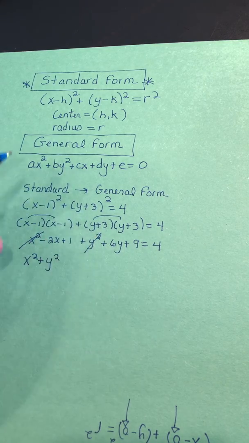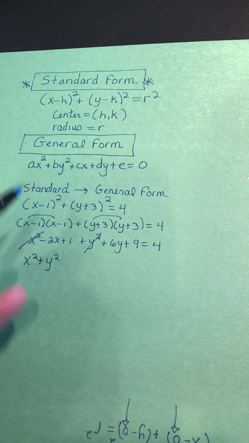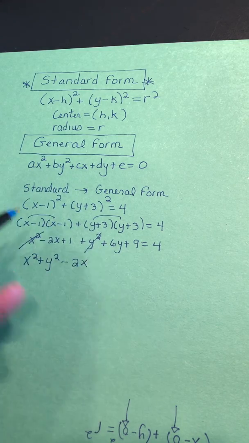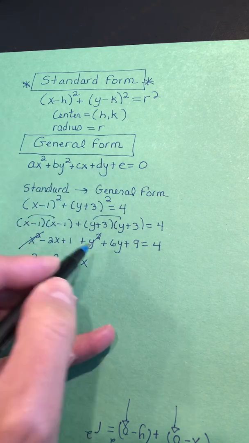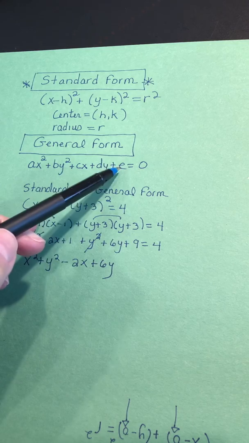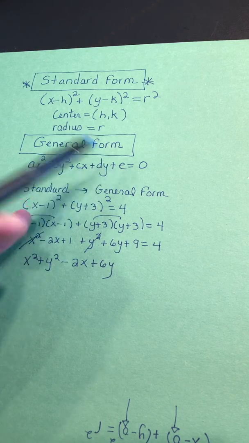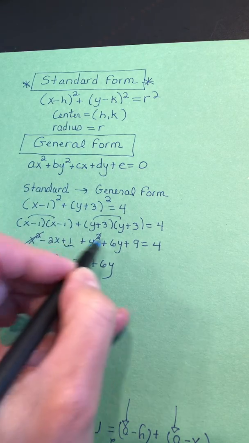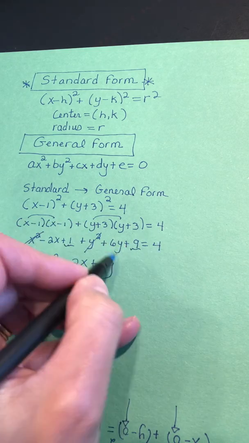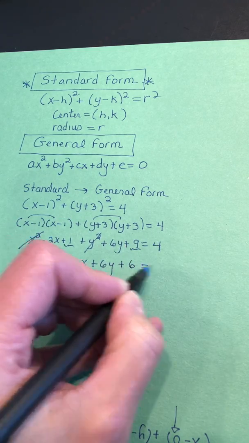Then I need my linear x term, which is right here, negative 2x. I then need my linear y term, plus 6y. And then finally I need e, but e is just a constant. So let's combine all our like terms. 1 plus 9 is 10, but I'd have to subtract 4. So plus 6 equals 0.